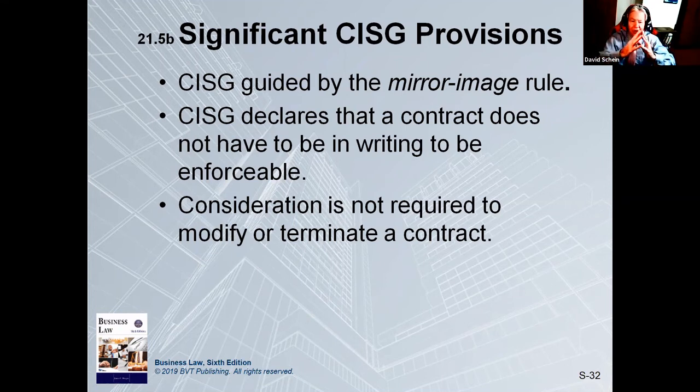Remember, common law, mirror image rule. If you're under the code, the domestic U.S. Uniform Commercial Code, there's no such thing as the mirror image rule, and we just said this a few minutes ago. So this is why that's important, because it is a significant distinction between the code and the CISG.